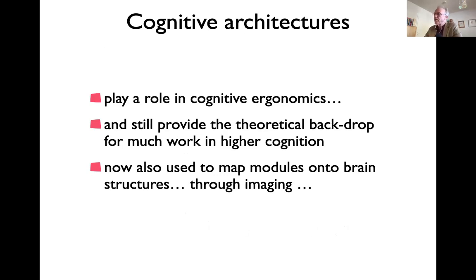So today, cognitive architectures still play a role in cognitive ergonomics when you try to characterize cognitive work, like for driver modeling, what kind of processes you have to coordinate. Is it bad to speak on the mobile phone while you drive? The theory doesn't predict that per se.